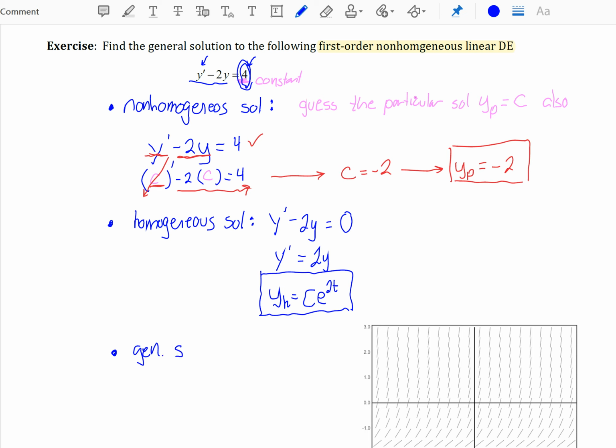Putting this together, we have the general solution, and we should reference this theorem when we do it. The general solution by the non-homogeneous principle.